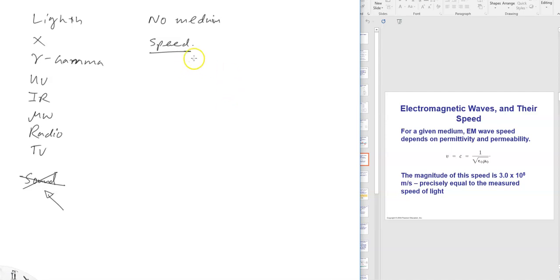So what's the speed? Speed is given by velocity, or when it comes to EM radiation, we use the letter c as a standard. You might have seen this somewhere else. Speed of light. Light is also electromagnetic radiation. c is given by 1 over the square root of epsilon naught mu naught. Epsilon naught, permittivity.